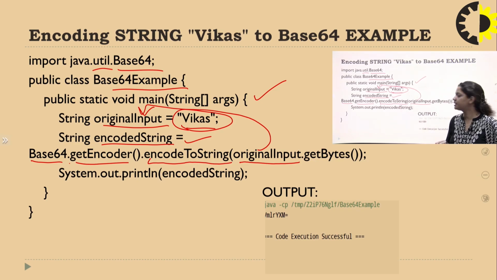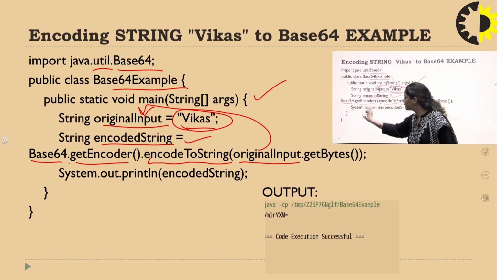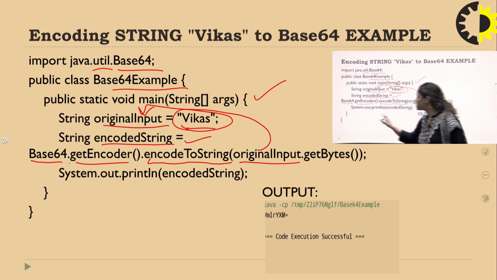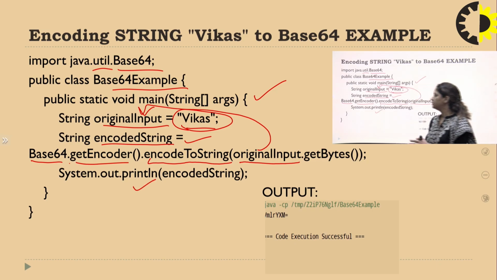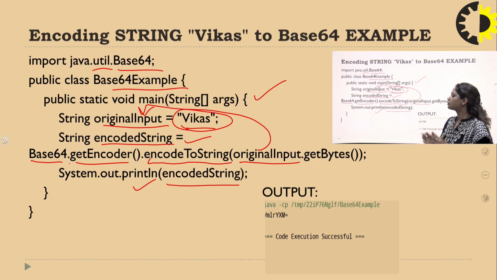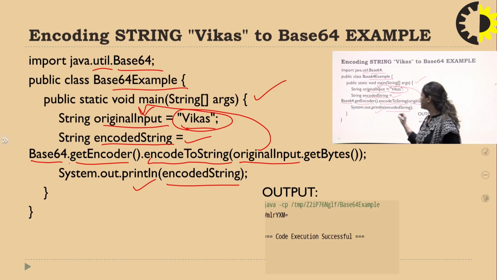That whole complete method is done by a single function, and the work of getEncoder is to obtain that value from that particular class. Get method to obtain the value and hold that value. Now in order to print the encoded value of that Vikas that we have converted, it will be printed by this System.out.println statement, the output statement used to print some string in Java, and what we are printing is the encoded string.